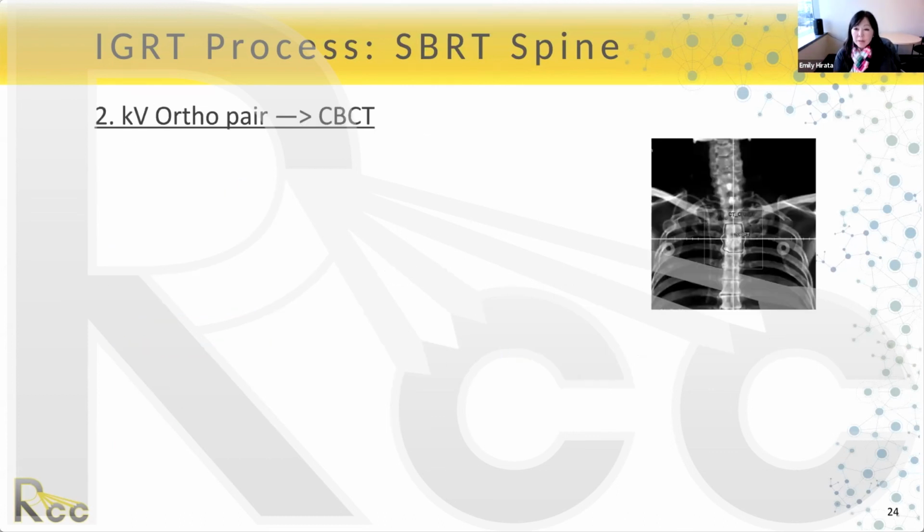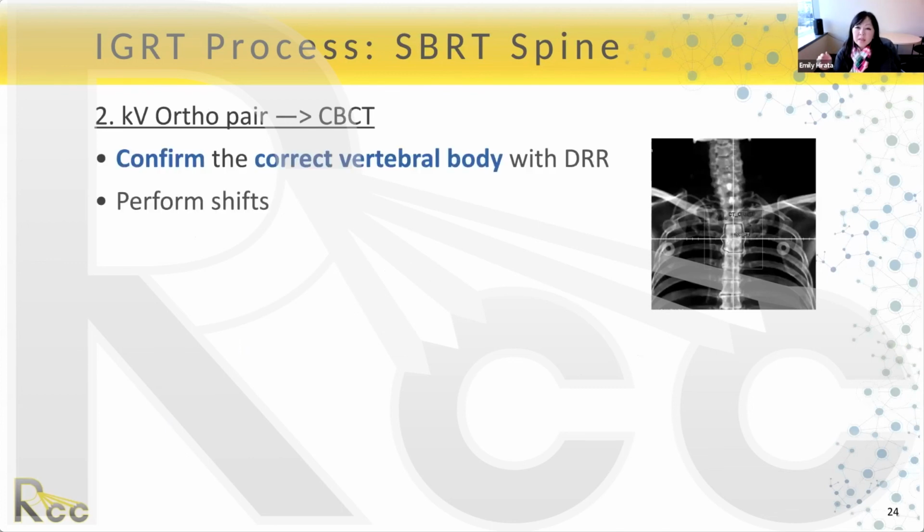In terms of imaging, I highly recommend starting with a kV ortho pair first. Confirm that you're on the correct vertebral body with your DRR as your reference and an open port film, so that you're where you need to be, and do your initial gross shifts based on that.